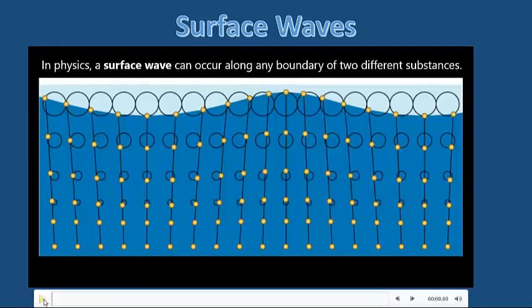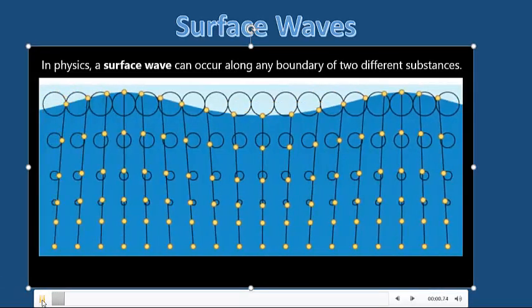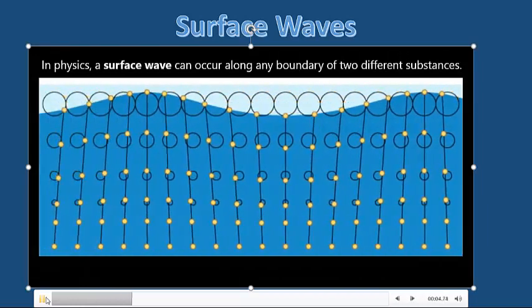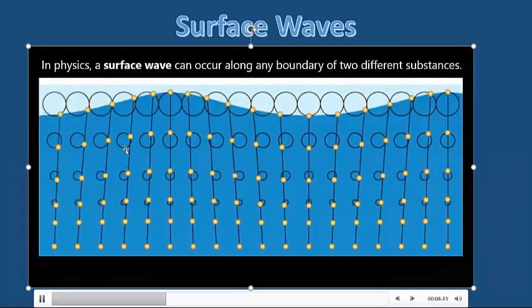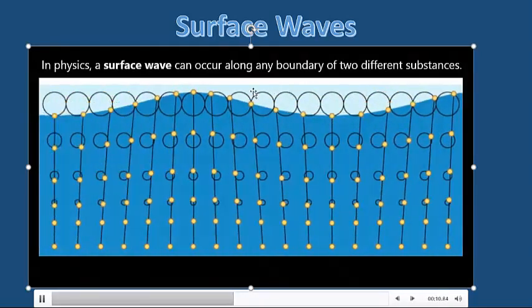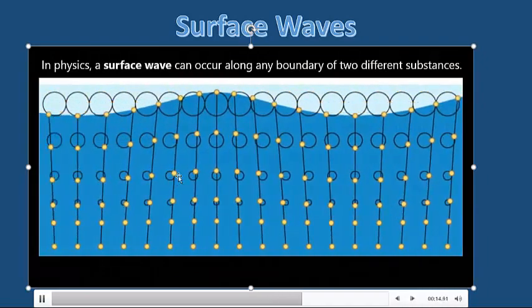So here is an animation of how surface waves work. What you're seeing here is the interface between the air, which is up here, and the water, which is down here.